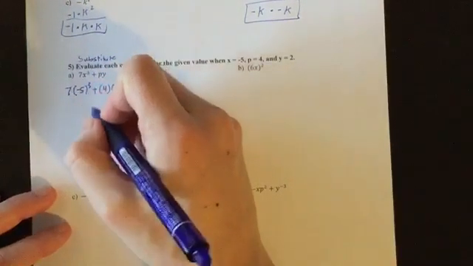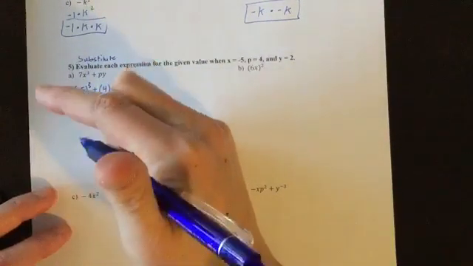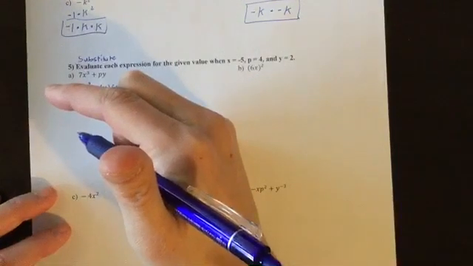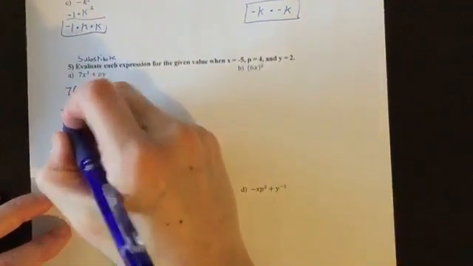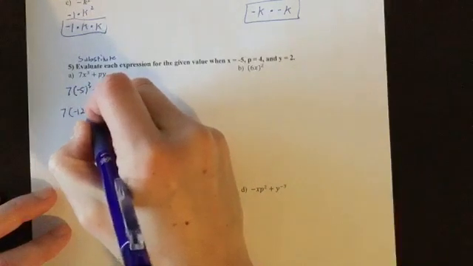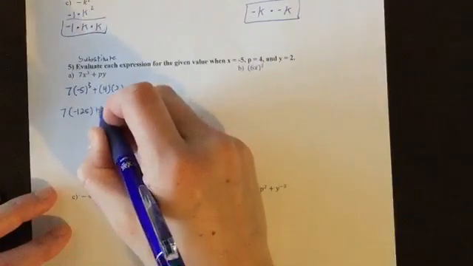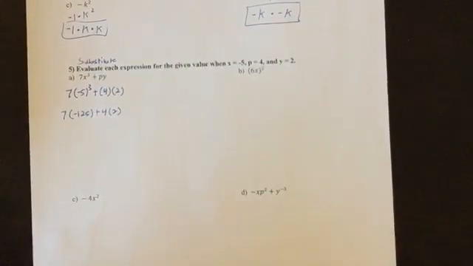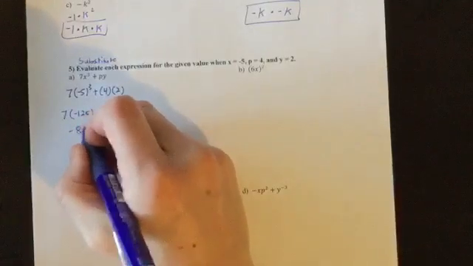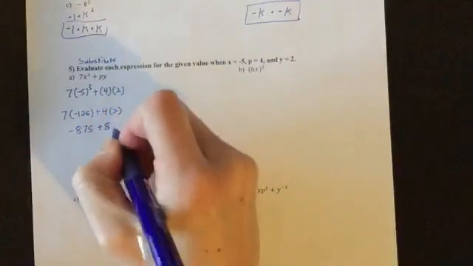So negative 5 to the third, that's negative 5 times negative 5, which is positive 25, times negative 5 is going to be negative 125. I still have parentheses there because there's still multiplication. Okay? So now maybe I'll grab my calculator. Negative 125 times 7 is going to be negative 875 plus 8.